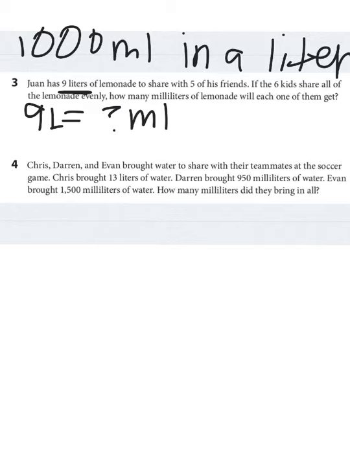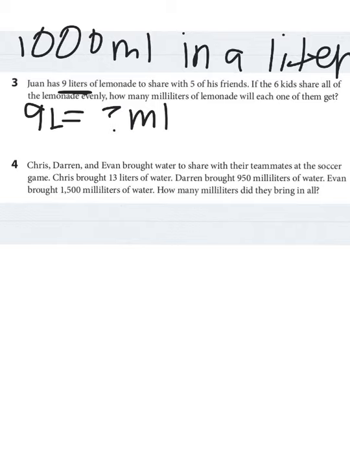All right, and I want you to figure that out any way that you can with division. So if you need to draw out an area model, you could do that. If you need to do a ratio table, you could do that. If you just want to share out milliliters, you could do that.